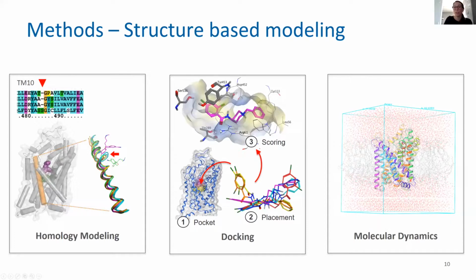These algorithms try to assess binding free energy. They do that by simply checking, okay, how many interactions do you have? Are there any clashes and so on? And then they sum up the energies. It's a very brute force method, but it's very fast. And it's a method to gain a lot of interesting ideas.